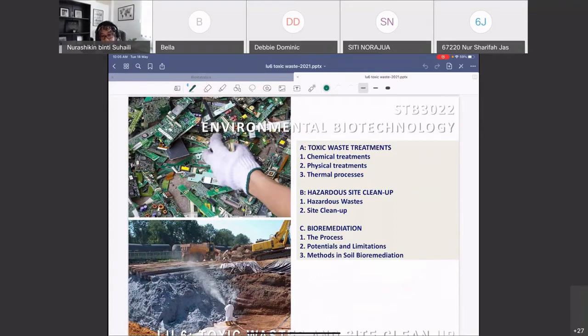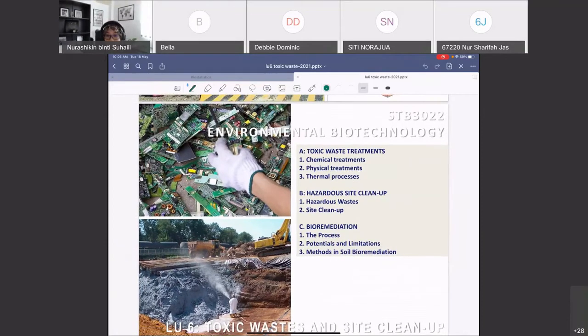And we go to the biotech method in the 3rd subtopic, which is bioremediation. So basically we are going to look at how we tackle toxic waste treatments using biotech methods, but also how those non-biotech methods can be done in order to tackle the toxic waste. Is everything clear?